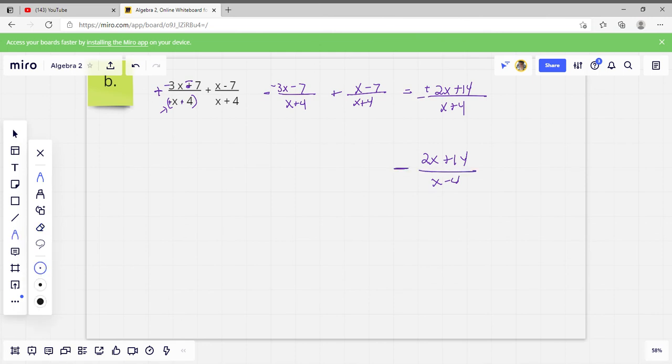There we go. So those are the two answers you could have gotten, and both are right. Either the whole top is negative or the whole term is negative. And that is the answer to B.